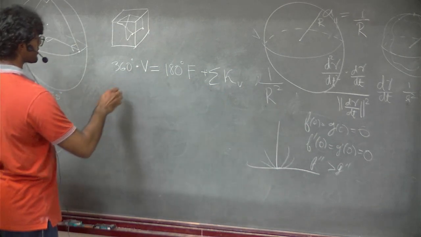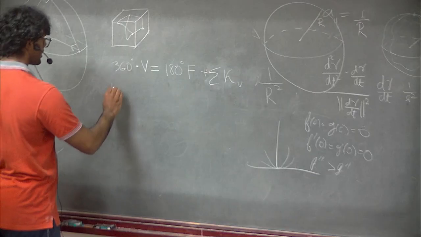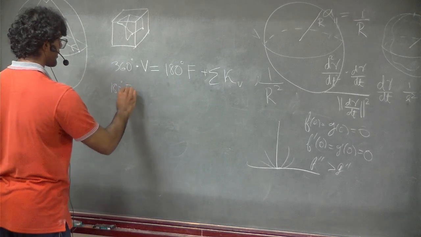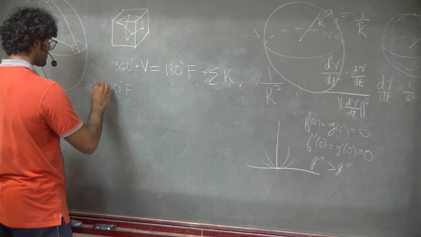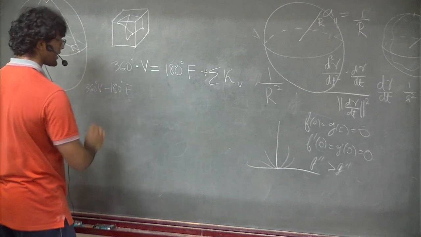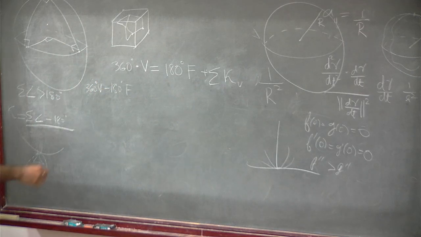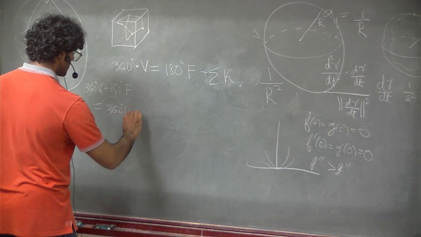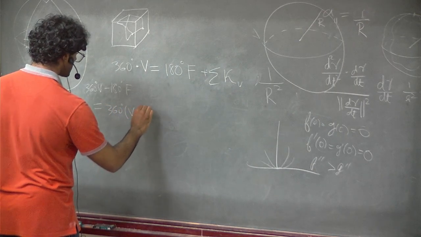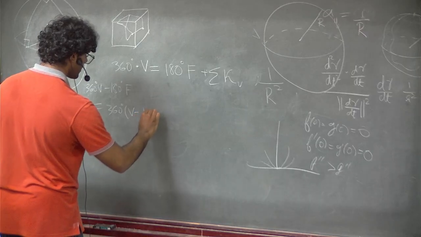This is 180 degrees times F, and 360 degrees times V minus 180 degrees times F, right?